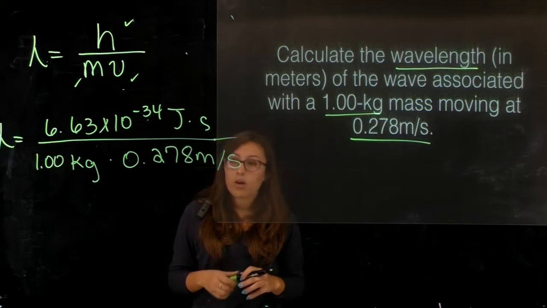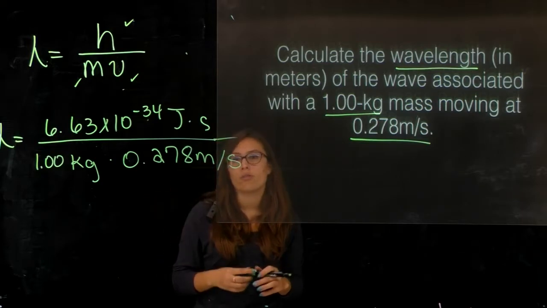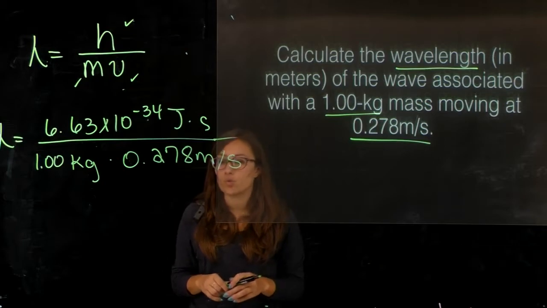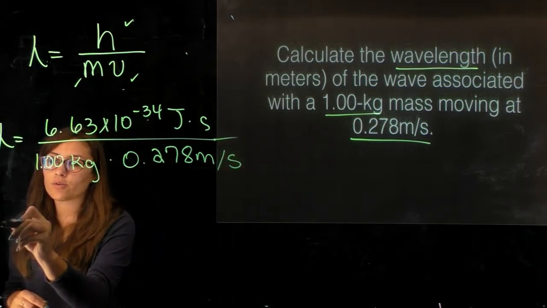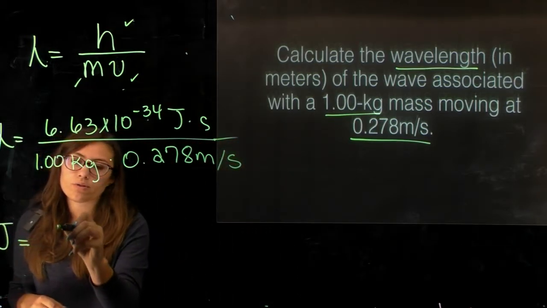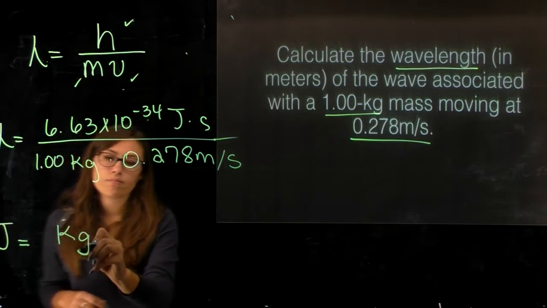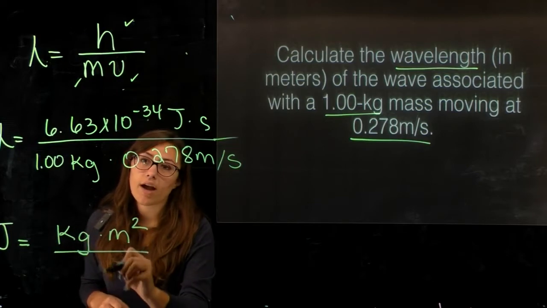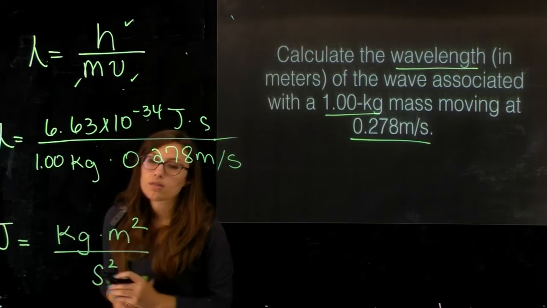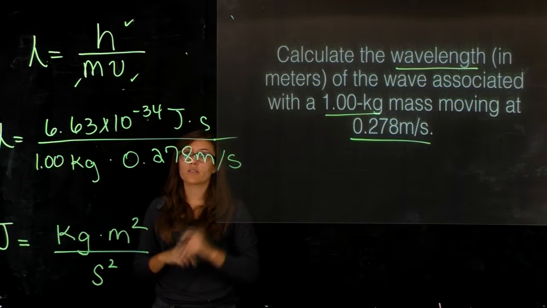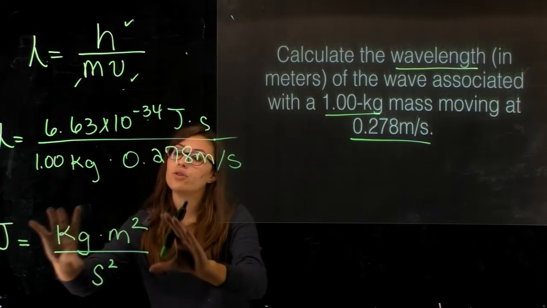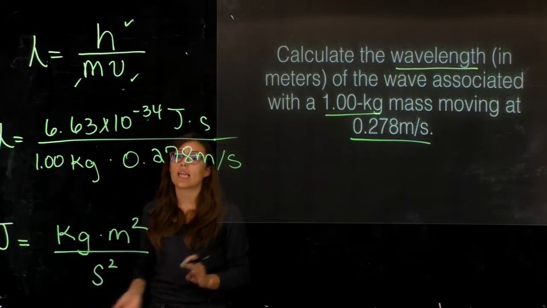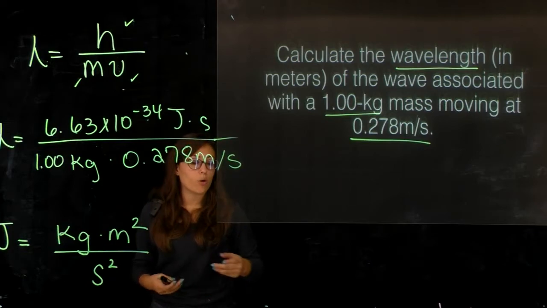When we attack this problem, we have to look at a number of things. First, we have to understand what the units of a joule are. The units of a joule are equal to kilogram times meters squared divided by seconds squared. So let's plug in our units for a joule up here so we can start canceling out the appropriate units.